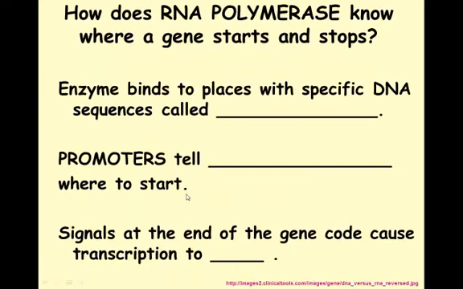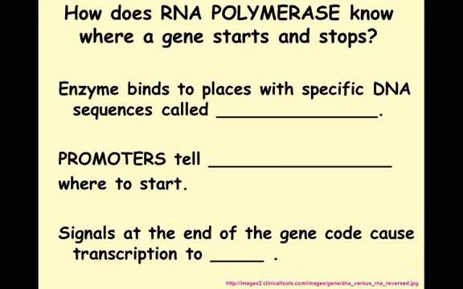So how does polymerase know where the gene starts and where it stops? If you take a chromosome and unwind it and totally stretch out the DNA, what you find is one big long piece of DNA. A chromosome is a long piece of DNA that has hundreds of genes lined up along on the DNA.